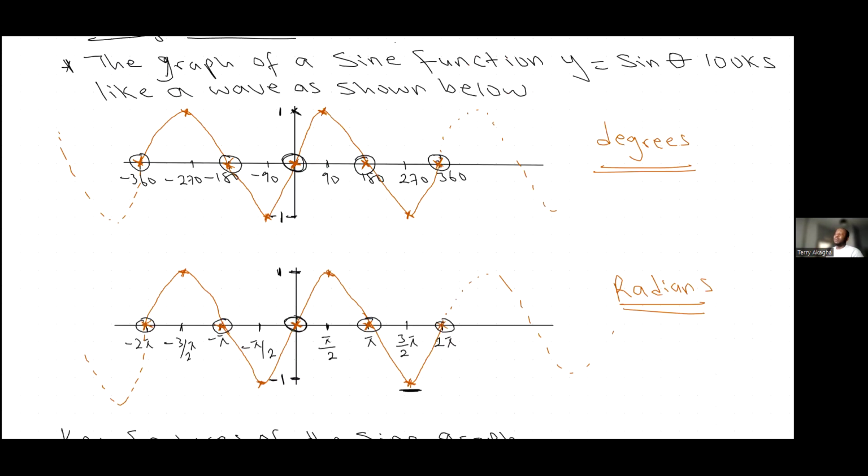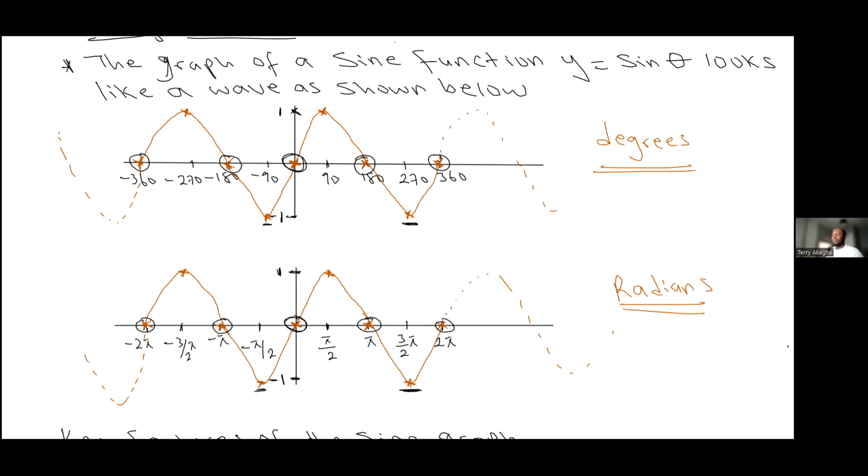Then you keep on adding 360, or subtracting 360, to give you the next value. For instance, when you subtract 360 from 270, the answer is minus 90. When you subtract 2 pi from 3 over 2 pi, the answer is minus pi over 2. So adding and subtracting 360 gives you the minimum values for the sine graph.